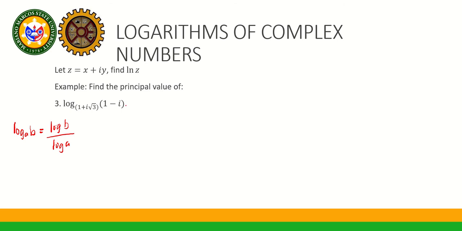So, yun yung gagawin natin dito. So, this will be equal to the log of, what is our b? This one, si 1 minus I, all over the log of 1 plus I square root of 3. Okay? So, paghiwalayin na lang natin siyang isolve.